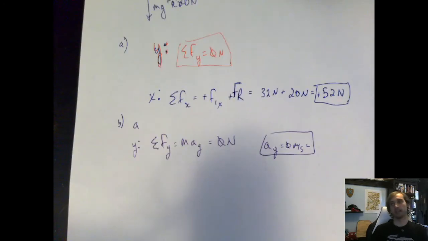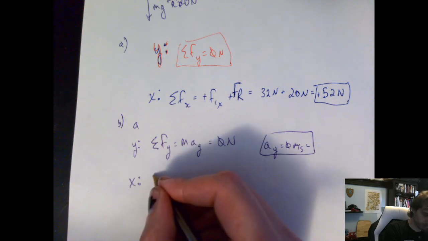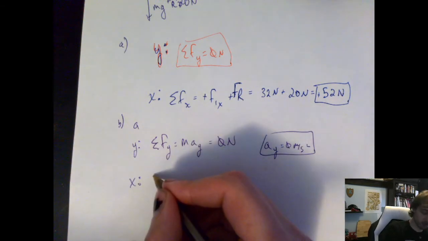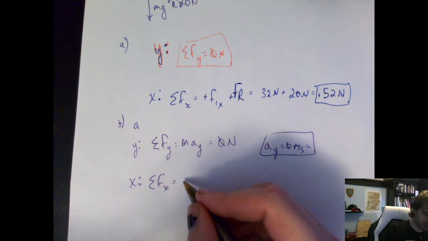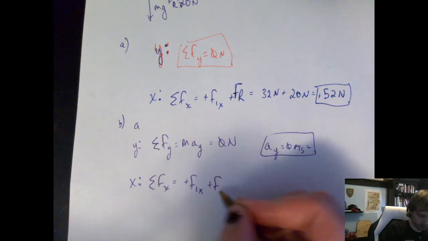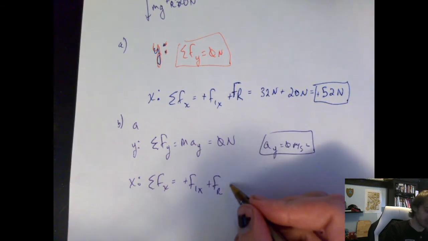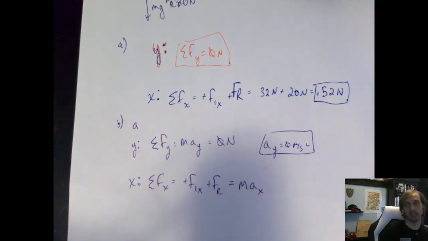The x direction is where it gets a little more interesting. So in the x direction, and I'm going to set this up as though I hadn't already done it, just so you could see what it's normally going to look like, I know that my net force is plus F1x plus Fr. But my net force also needs to equal mass times the acceleration in the x direction.